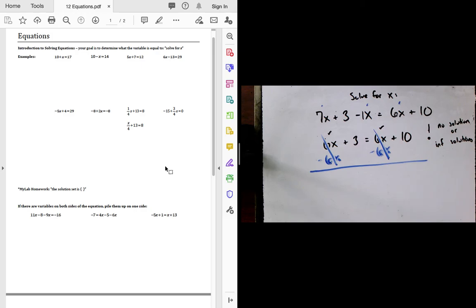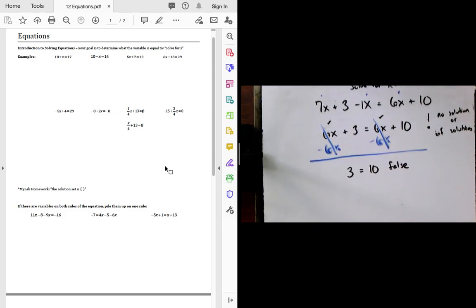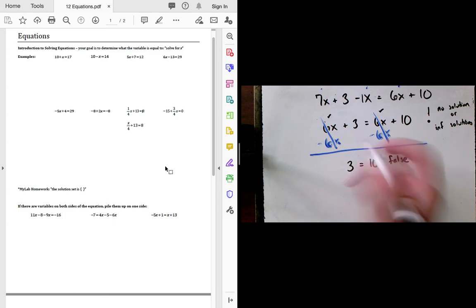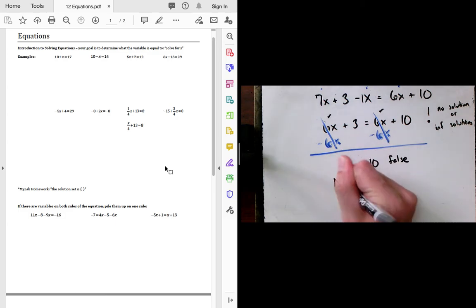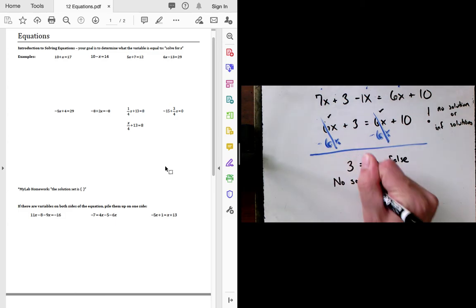To determine whether we have no solution or infinitely many solutions comes down to what we have left over after we get rid of those x's. In this case, we have something like 3 equals 10. Certainly we know 3 does not equal 10, and that statement that's left over is false. When we have a statement left over that doesn't make sense, like 3 equals 10, then that tells us that the original problem had no solutions.